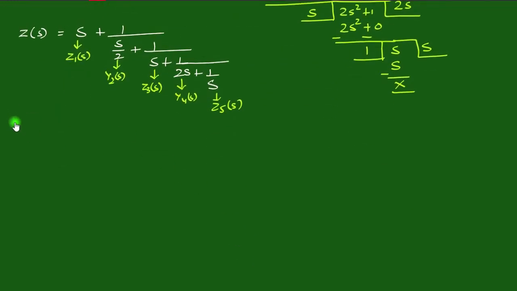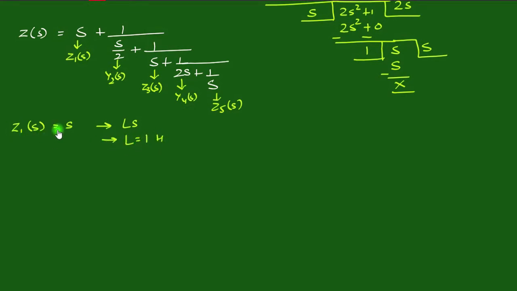Now I have Z1(s) as s. This means this has to be an inductor, because only an inductor has a network function like this. So comparing it with Ls, I will get L equal to 1 Henry.